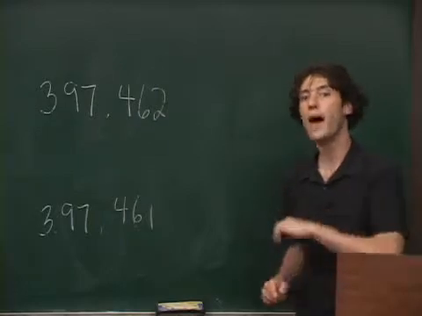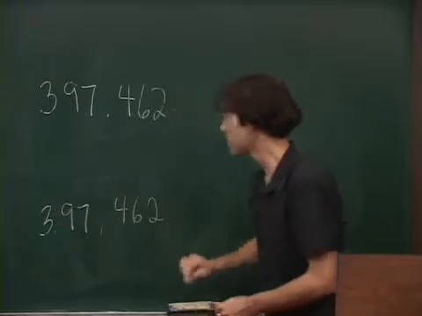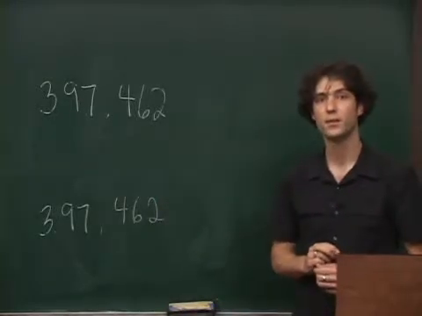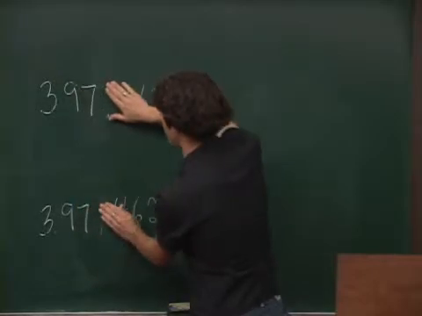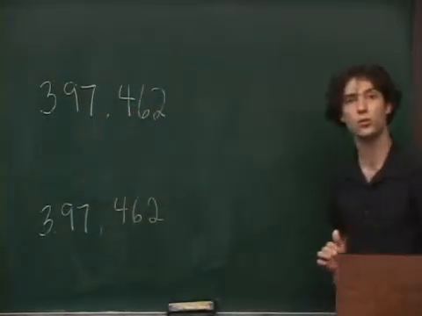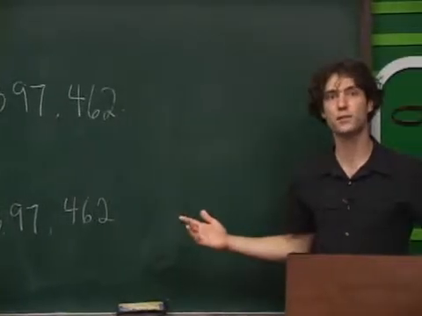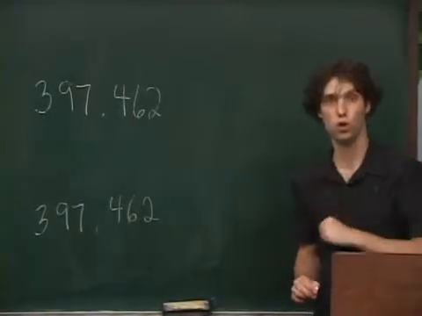But what would have happened if we would have had that? We would have had 3 and 3, 9 and 9, 7 and 7, 4 and 4, 6 and 6, and 2 and 2. There is no difference. When this happens, we say equal to.